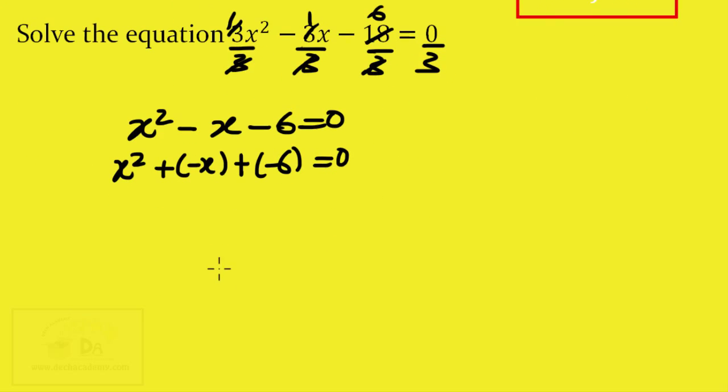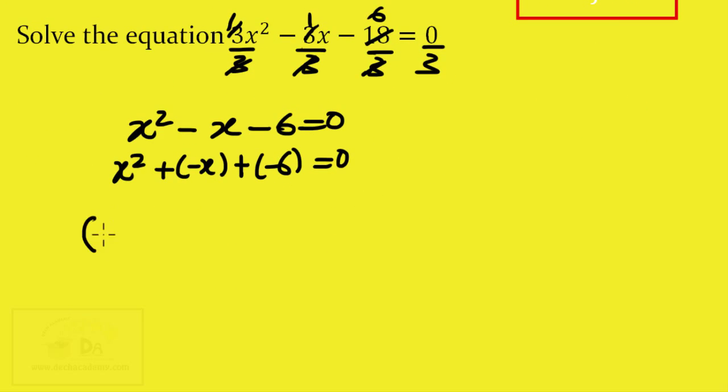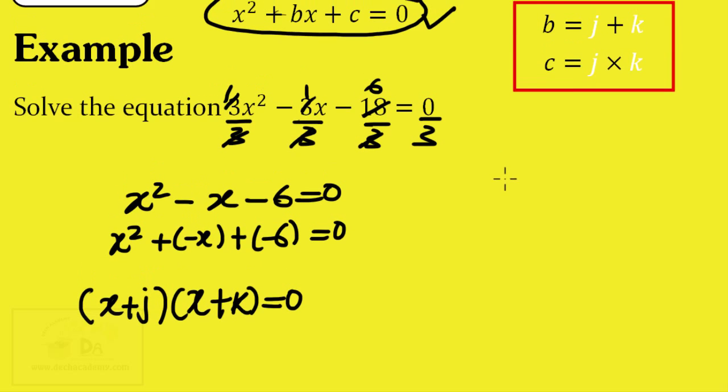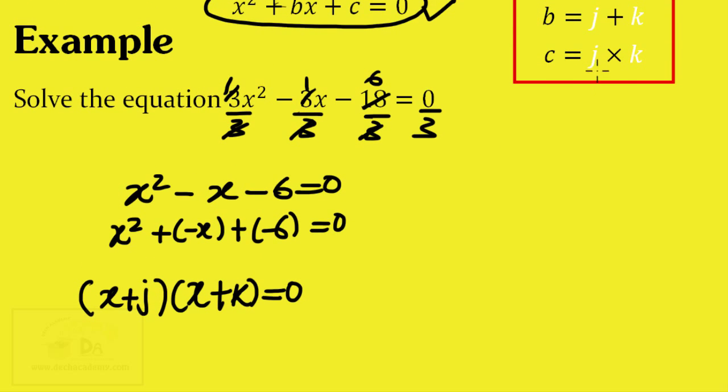Therefore, we can write this equation as x plus j times x plus k equals 0, where j plus k equals b and j times k equals c. In our case, b, the coefficient of x, is clearly minus 1, and c, the constant term, is clearly minus 6.